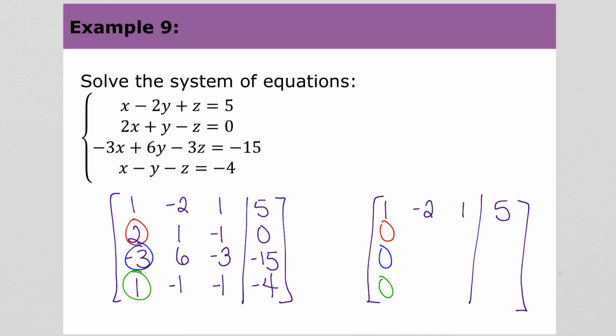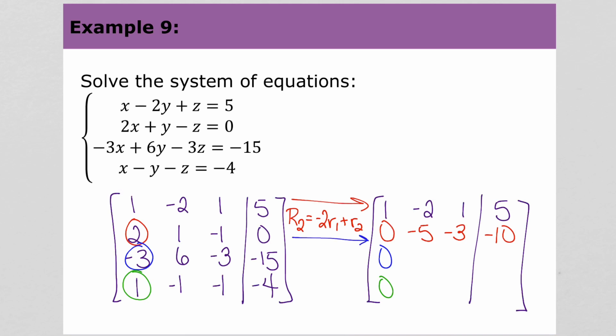Okay, so for row 2, actually, how do we get a 2 to be a 0? Subtract 2. So negative 2 times row 1 plus row 2. That will give us 0, negative 5, negative 3, negative 10.